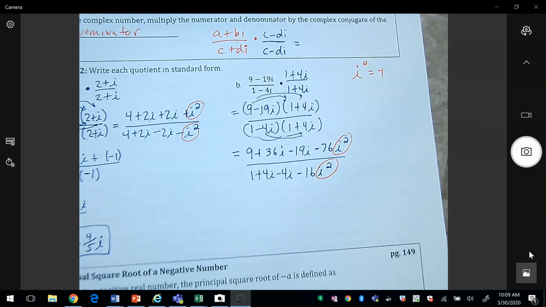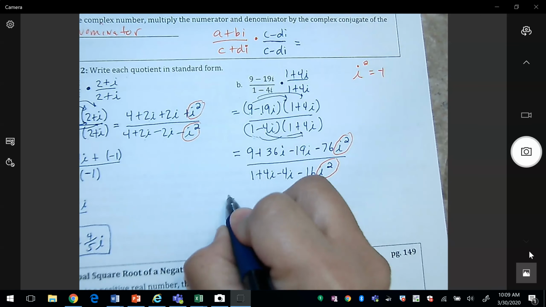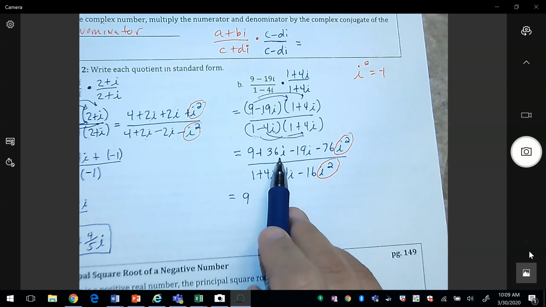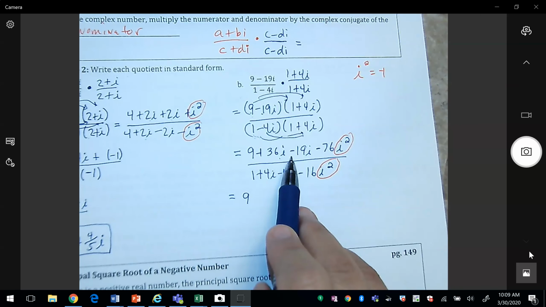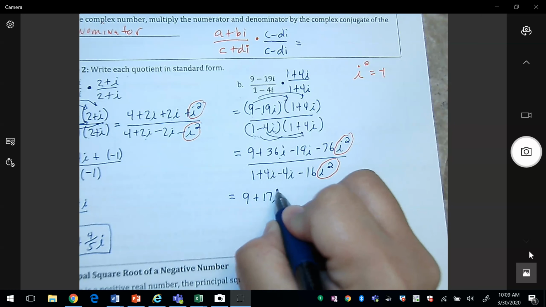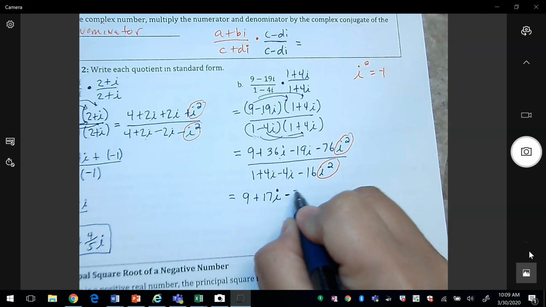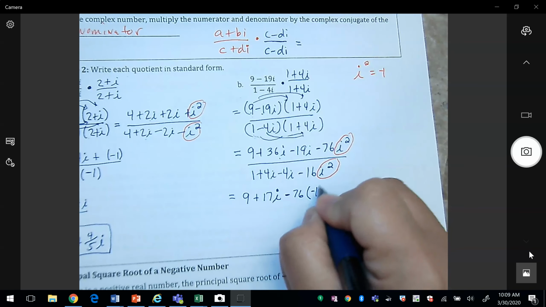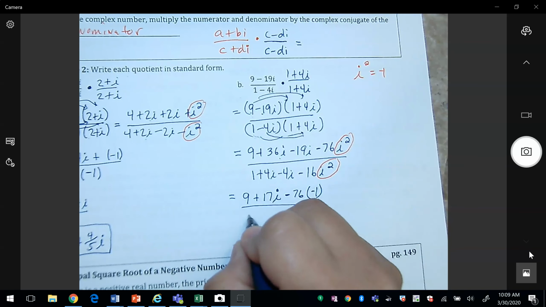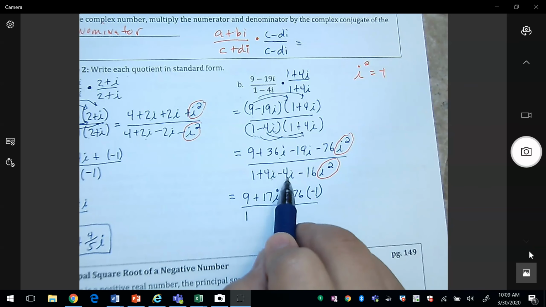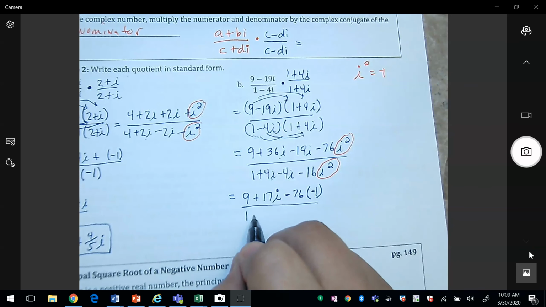Okay, so let's simplify. On the top, we're going to have 9, 36i minus 19i is going to be 17i. And then we have minus 76 i squared, which becomes negative 1, divided by 1. The 4i and the negative 4i becomes 0.